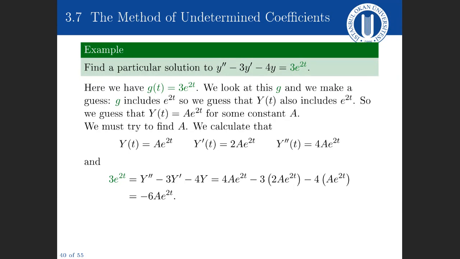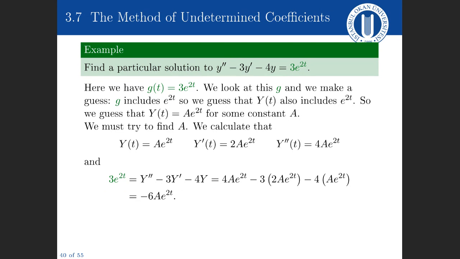I want to find the function capital Y, which satisfies y double prime minus 3y prime minus 4y is equal to 3e to the power 2t. So I'm starting with this, and I'm going to substitute in my guess instead of capital Y. And you can check that after we put this in and we simplify, the left-hand side becomes minus 6A e to the power 2t.